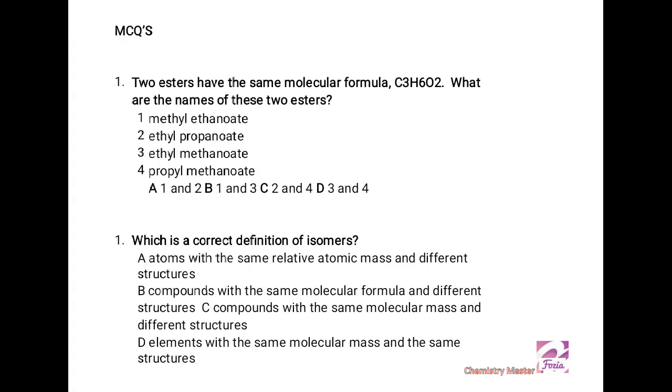The first MCQ is: two esters have the same molecular formulae C3H6O2. What are the names of these two esters? First, you must be very sure and clear about drawing the structural formulae for these esters.